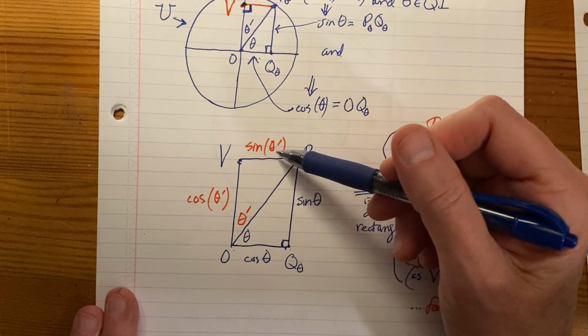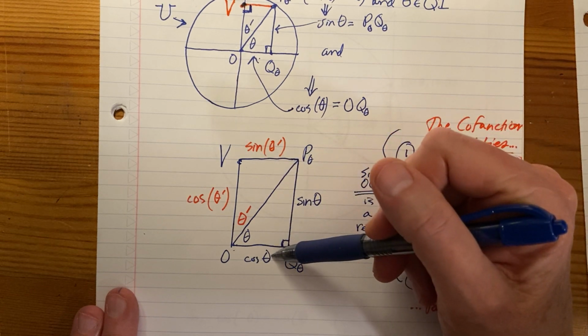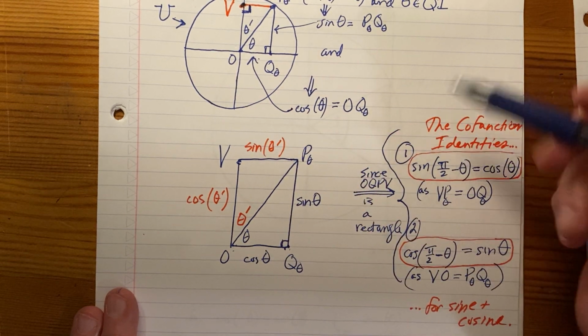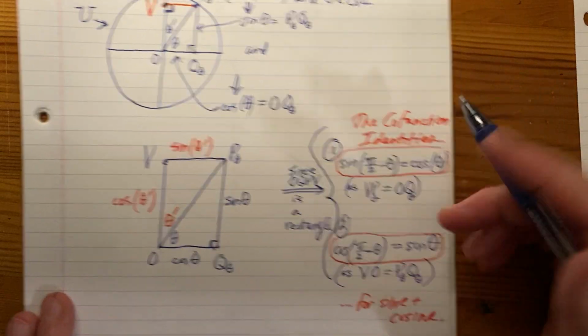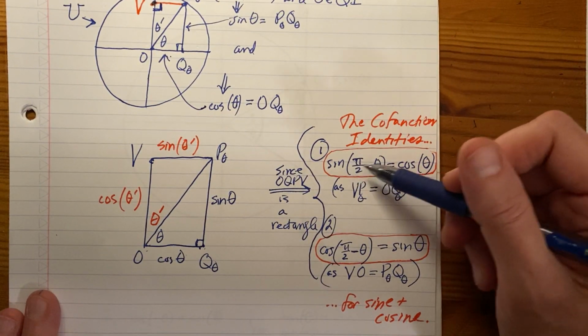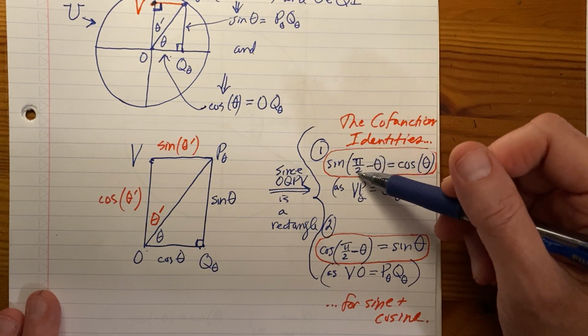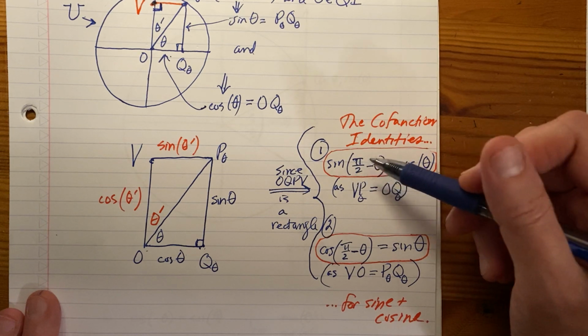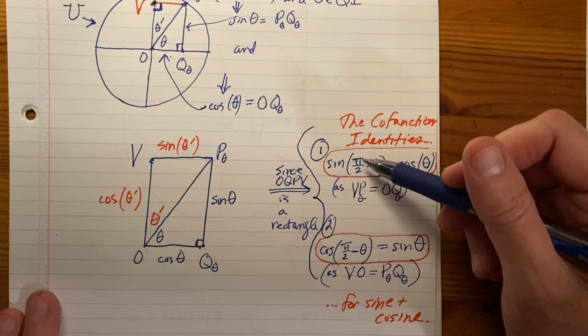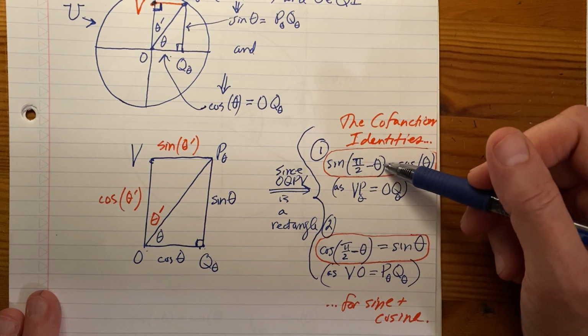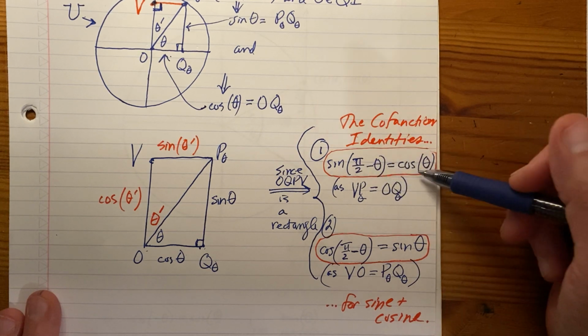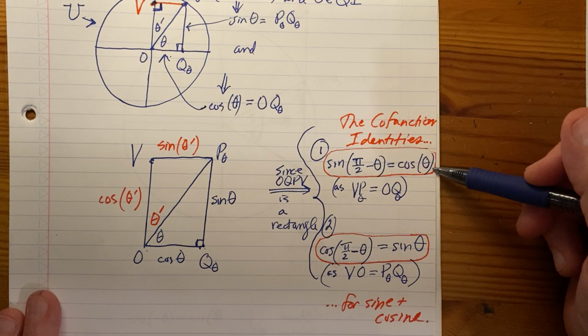So the sine of theta complement is the same length as cosine of theta. Saying the sine of theta complement is the same thing as saying the sine of the complement of theta, or arithmetically, in numbers, the complement of theta is pi over 2 minus theta. So the sine of pi over 2 minus theta is equal to the cosine of theta.